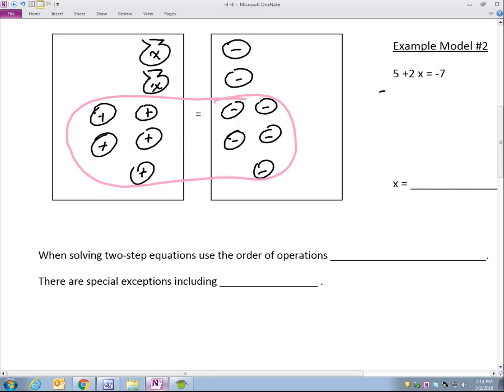Subtracting 5. So I took 5 from that side. However, since it's like a sea of zeros, I'm just making them disappear. Since it's a sea of zeros, they're both just disappearing.